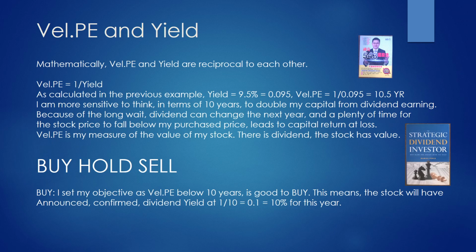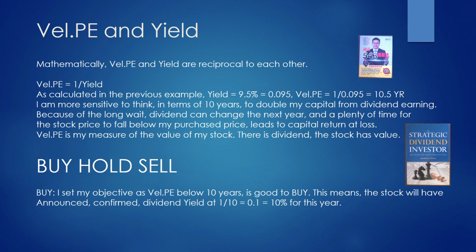Mathematically, velocity PE and yield are reciprocal to each other. Velocity PE equal to 1 over yield. As calculated in previous example, yield equal to 9.5% equal to 0.095. Velocity PE equal to 1 over 0.095 equal to 10.5 years.